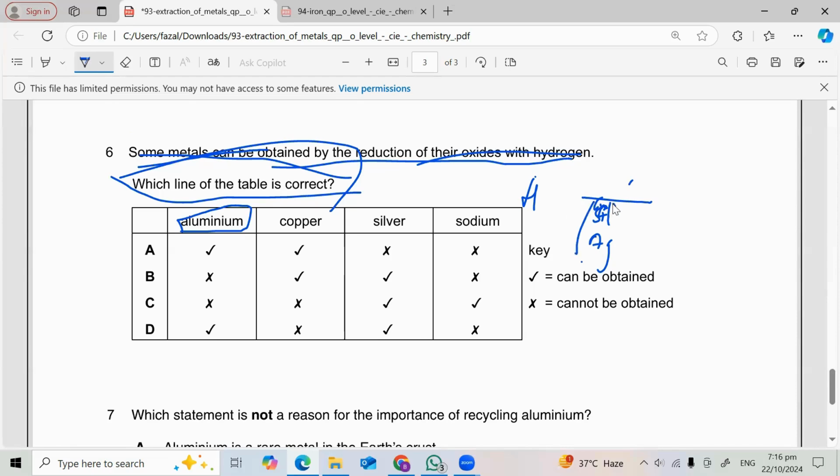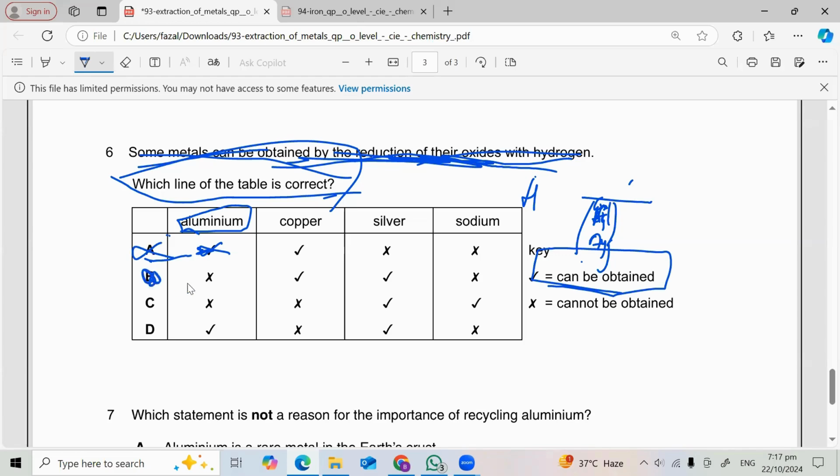These three metals are basically reduced by hydrogen. Now if we see first aluminium, no, it cannot be, because the table shows that aluminium cannot be obtained by the reduction of the oxide with hydrogen. So A is not the answer.